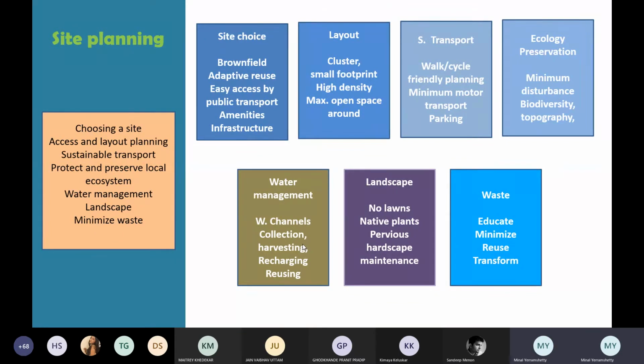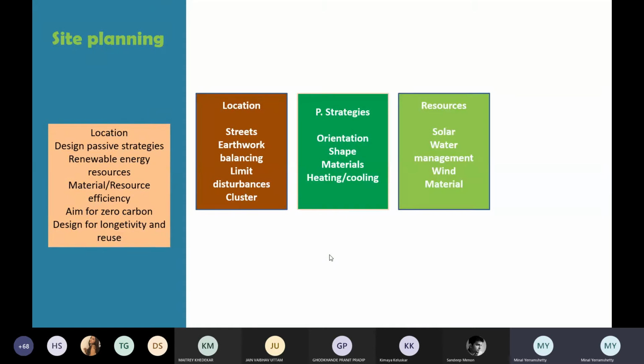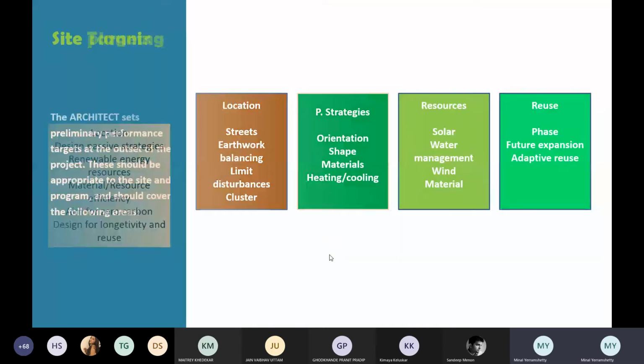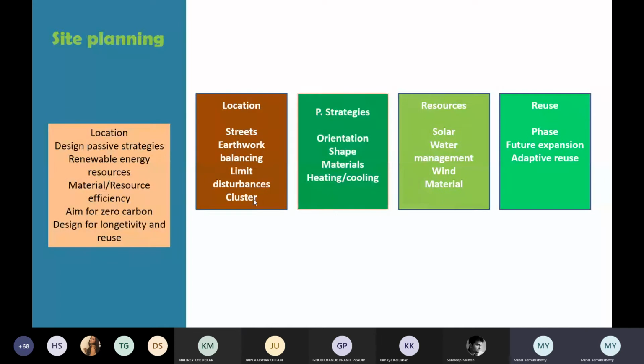When you talk about building, how would you choose the location? The previous one was about the site, now let's talk about the building. In that location, the streets, earthwork, balancing. As I told you, if it is a very clay kind of soil, or if it is a very sandy kind of soil, would you plan a basement?